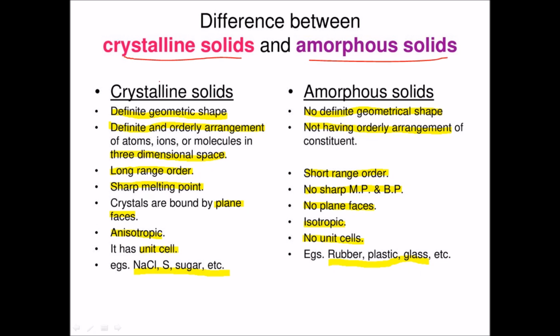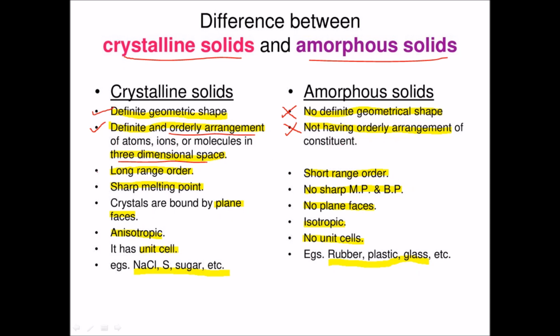Crystalline solids have a definite geometrical shape, whereas amorphous solids do not have a definite geometrical shape. Crystalline solids have a definite orderly arrangement in three-dimensional space, whereas amorphous solids do not have an orderly arrangement of the constituents.